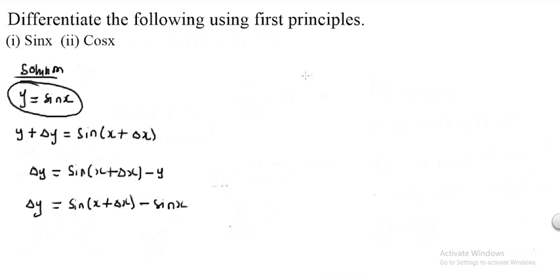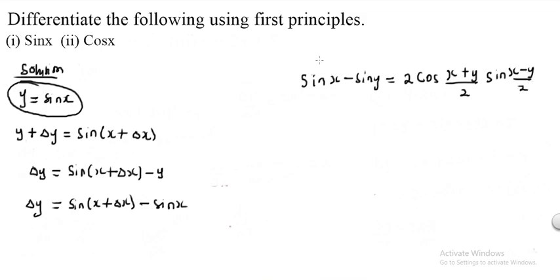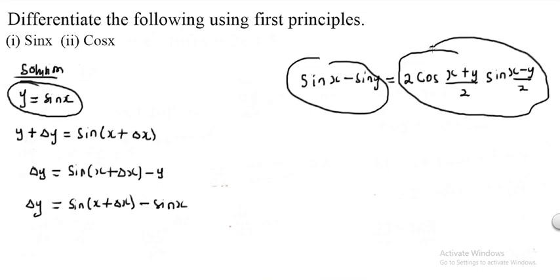Anytime we have something like sine x minus sine y, we can write this same term as a trigonometric identity, that means 2 cos of x plus y over 2, sine of x minus y over 2. So anywhere we have something like this, we can write this to replace it. That's what we are going to be using to help us solve.